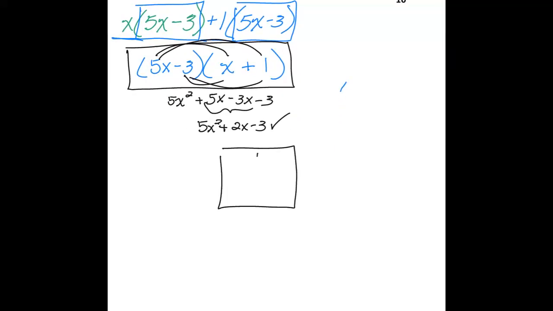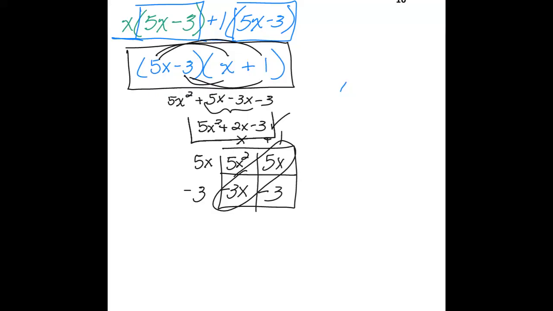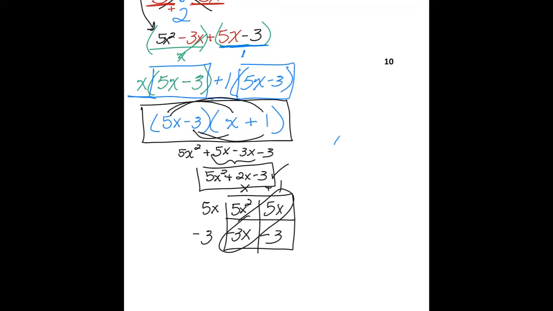Remember, you would put these 5x minus 3, x plus 1, and you multiply 5x squared plus 5x minus 3x minus 3. These two would get added together, and you're still going to get that. You don't have to do this. I said that. I'm just saying you can check it to make sure it's right, but you don't have to.